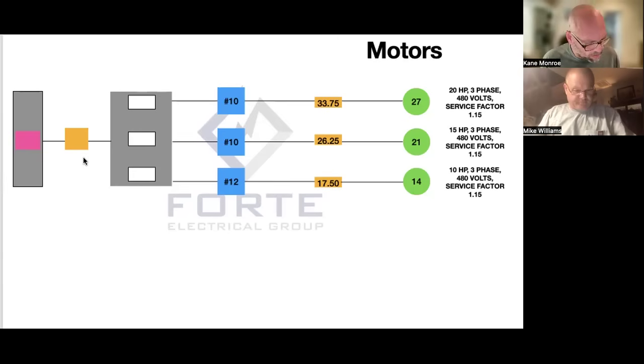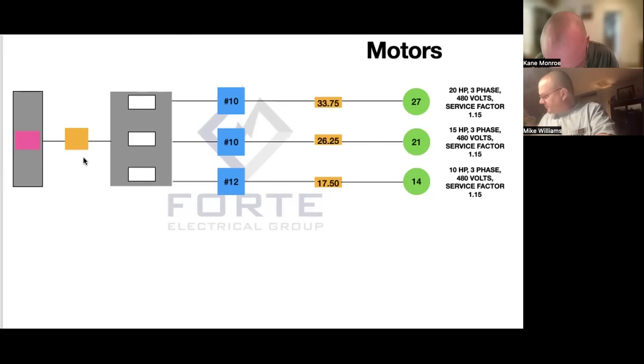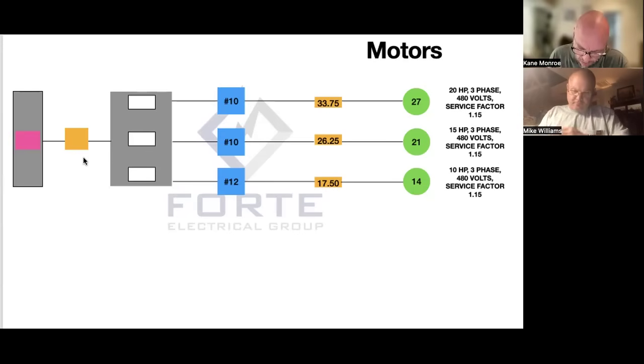68.75 was our FLC, or our amperage. No, I don't think that was right. Conductors. It should be called ampacity of insulated conductors with not more than 3 current carrying conductors.